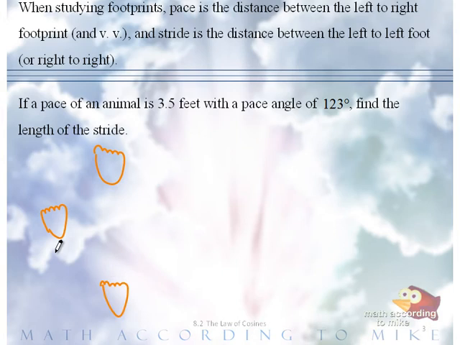So pace is the distance from one foot to the other. Stride is the distance from the same foot. So this right here to this here is called a pace. And here to here is also a pace.